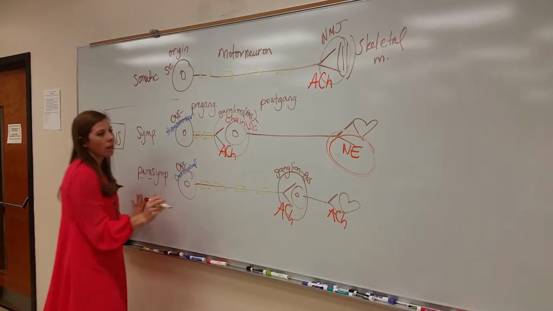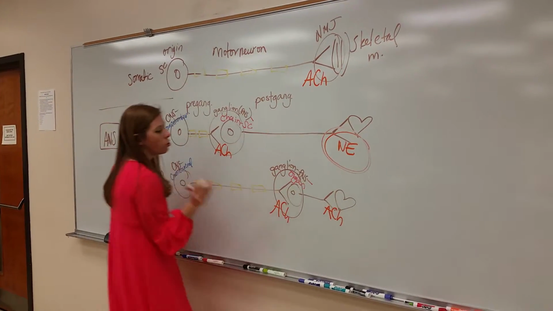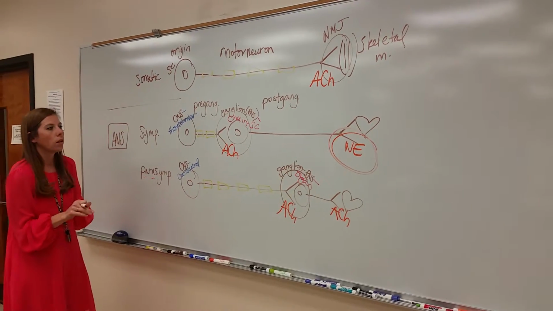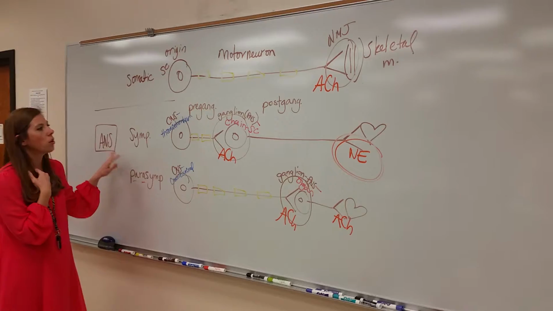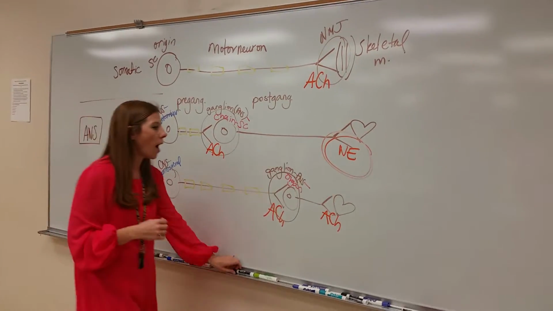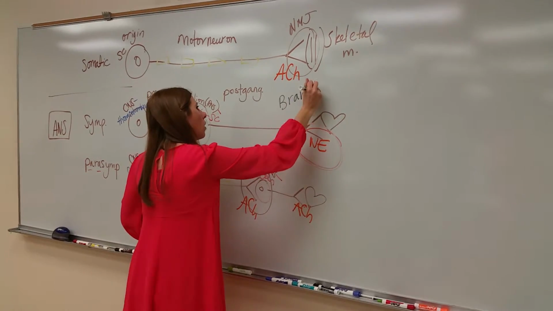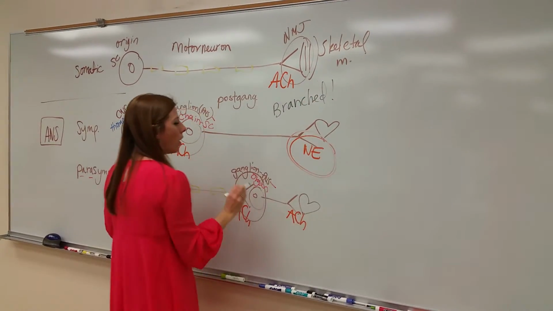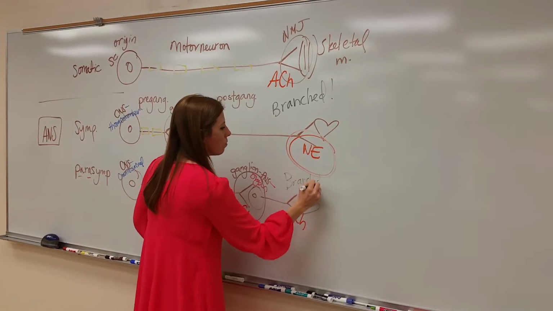For the parasympathetic, it's closest to the organ, or the target, which you can also see from the picture. The sympathetic is going to be highly branched, and the parasympathetic is not heavily branched. It's minimal.